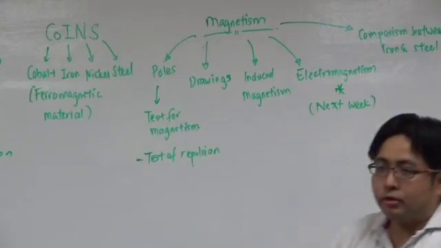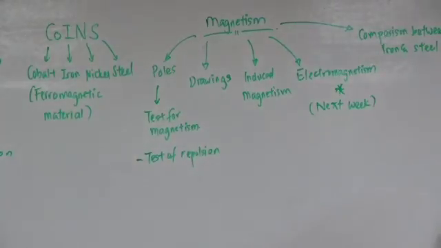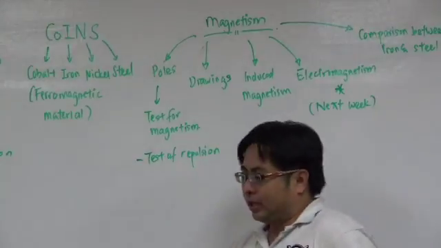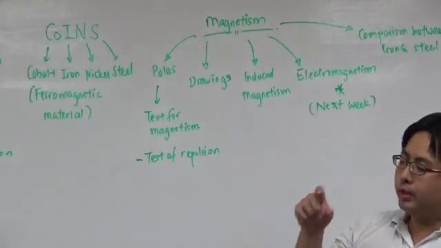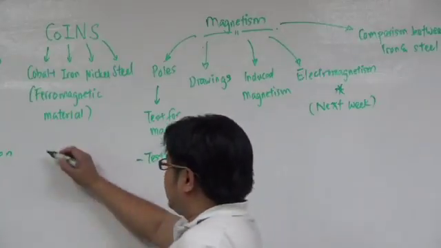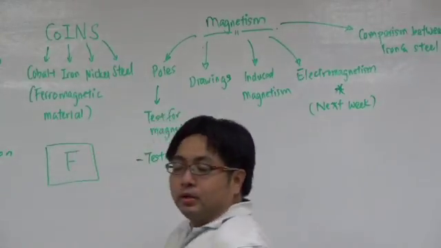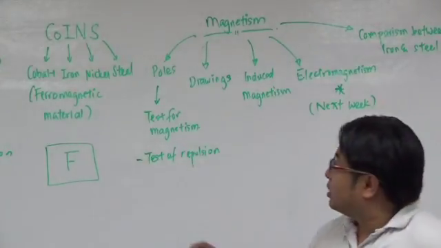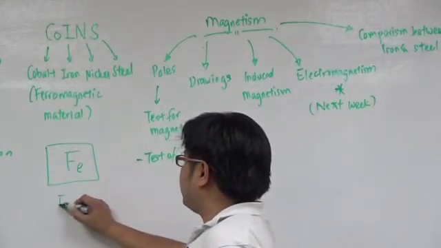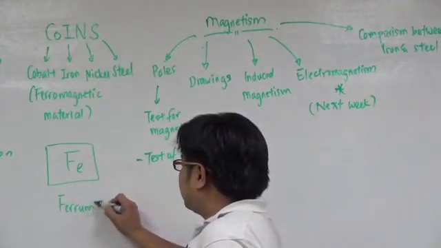Alright? Ferro actually comes from a word iron. In fact, if you were to look at your periodic table, for iron, the symbol is not I, but rather F. Alright? Fe, right? So what does it stand for? Actually, it stands for ferrum. Alright?